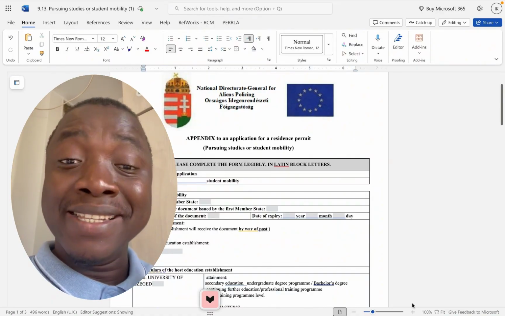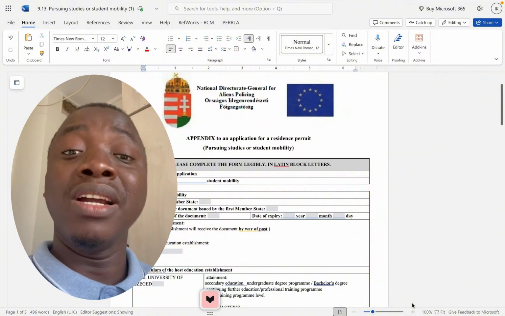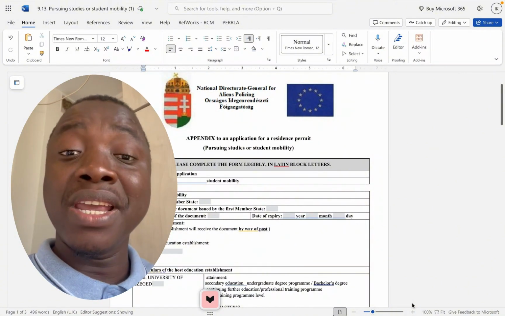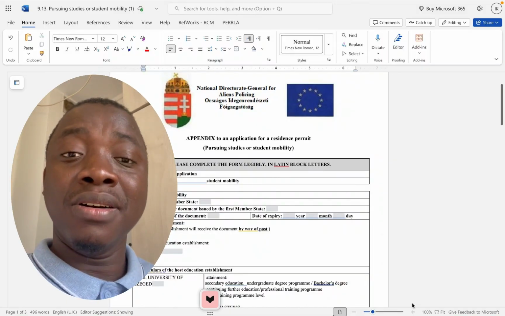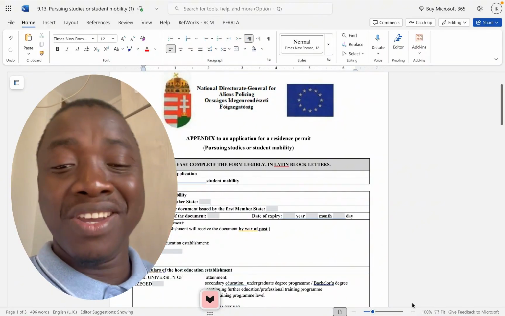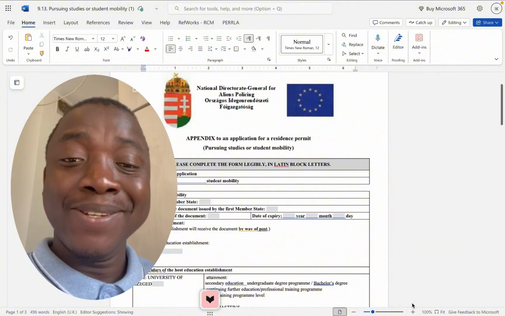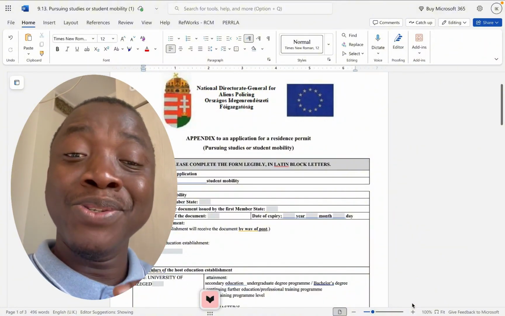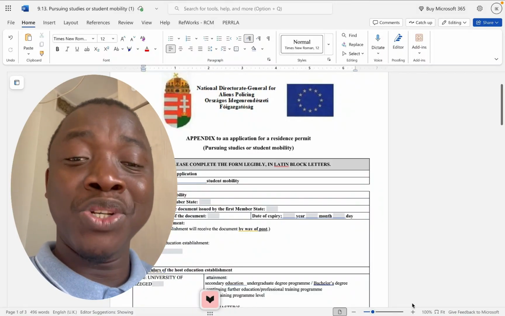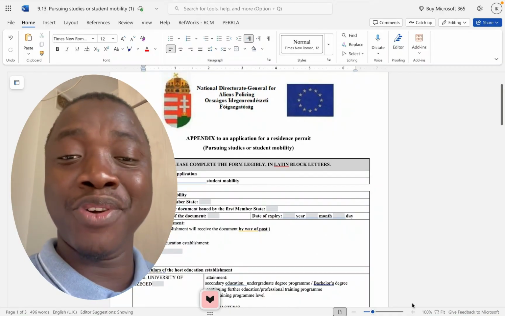So Appendix 9 of the application process for visa requires you to fill a form that confirms whether you're coming here for a student exchange program or you're coming here to pursue your studies. So in this video, I'm going to take you through each of the steps, the information you should provide.